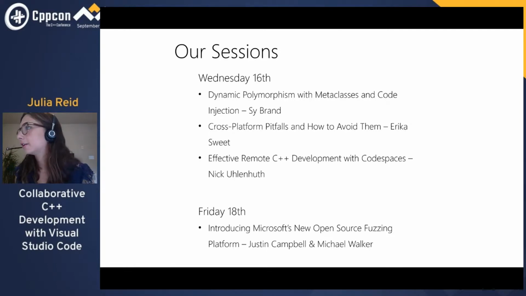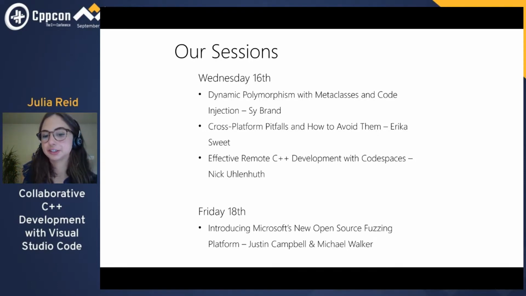Since we're talking about cross-platform development, what about automatically filling system include path in cpp properties.json? That's a great question. I didn't really go into cpp properties.json in the session today because we were using CMake Tools, and the CMake Tools extension actually provides IntelliSense. You can set your IntelliSense configuration provider to be CMake Tools.